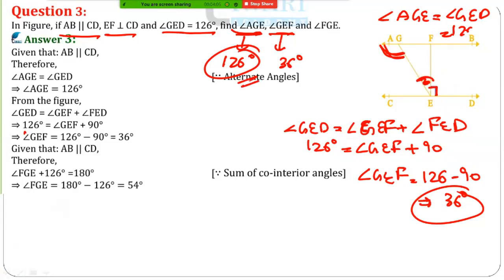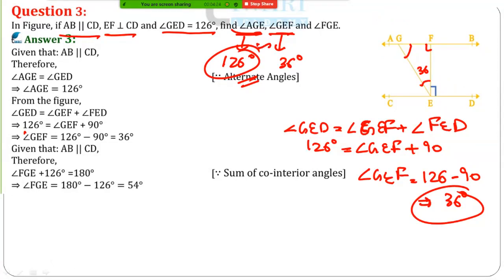So next is your last angle, FGE. So this angle is FGE. This angle is 90 degrees, this angle is 36 degrees. The sum of all the angles of a triangle is 180 degrees. So the angles are angle FGE, the second angle is 90 degrees, and the third angle is 36 degrees, equal to 180 degrees. So the value of angle FGE plus 126 degrees is equal to 180 degrees.